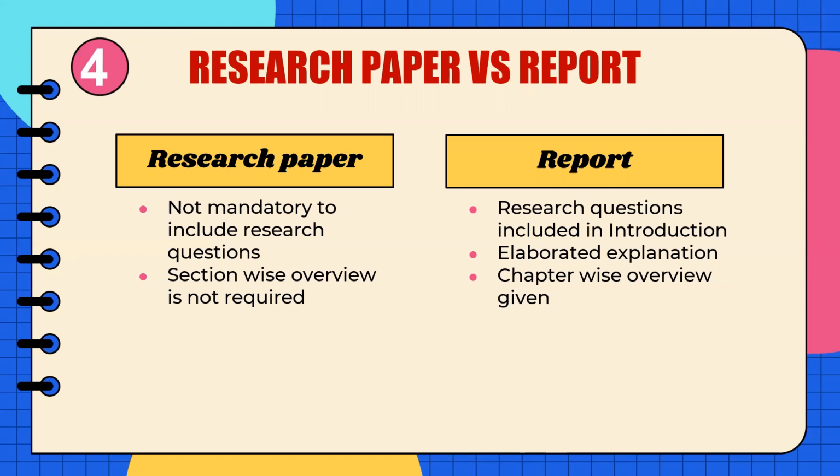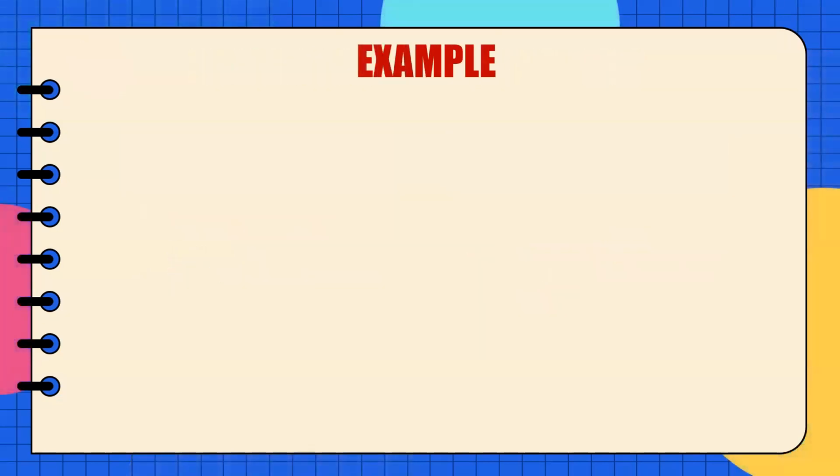Whereas a report is long, so we have enough scope for explaining the problem, and therefore in a report we make it a more elaborated explanation. So having understood this, I would like to give you an example from the introductory chapter of a report so that you get a clear idea. Let us understand this.